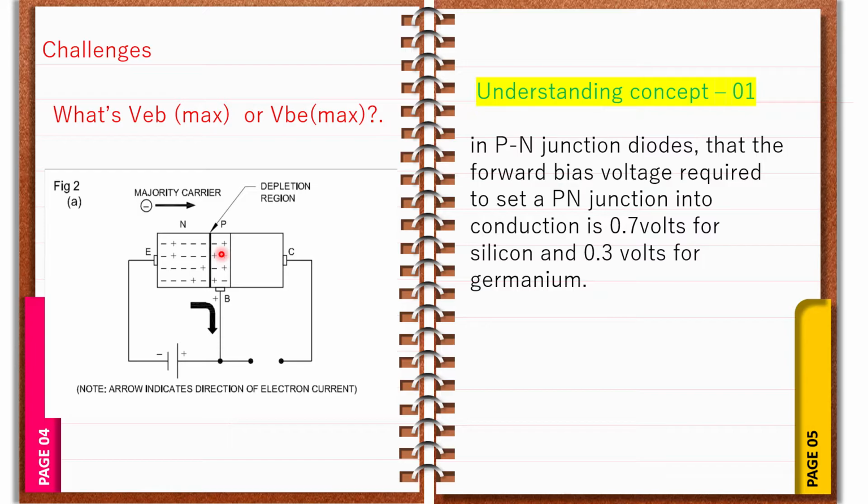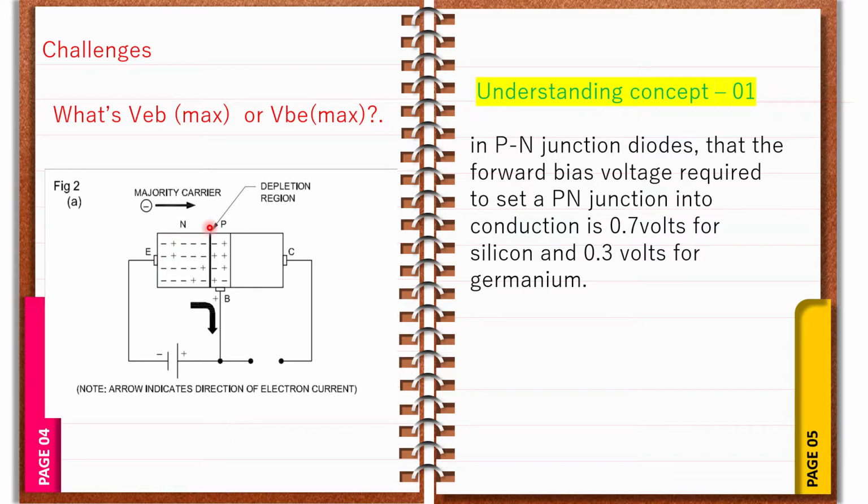If it is made of germanium, we need to give 0.3 volt to switch on the transistor, so the PN junction conducts. This is step 1. This is basic, everyone knows.